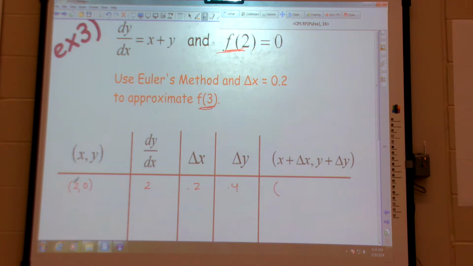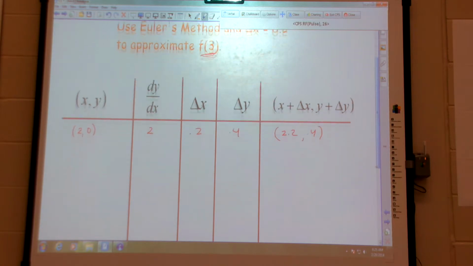So x started as 2, it changed by 0.2, it is now 2.2, correct? Y started at 0, but it changed by 0.4, so it's now 0.4. So that's an example of what the AP test could ask: what would your first step be? The next point.